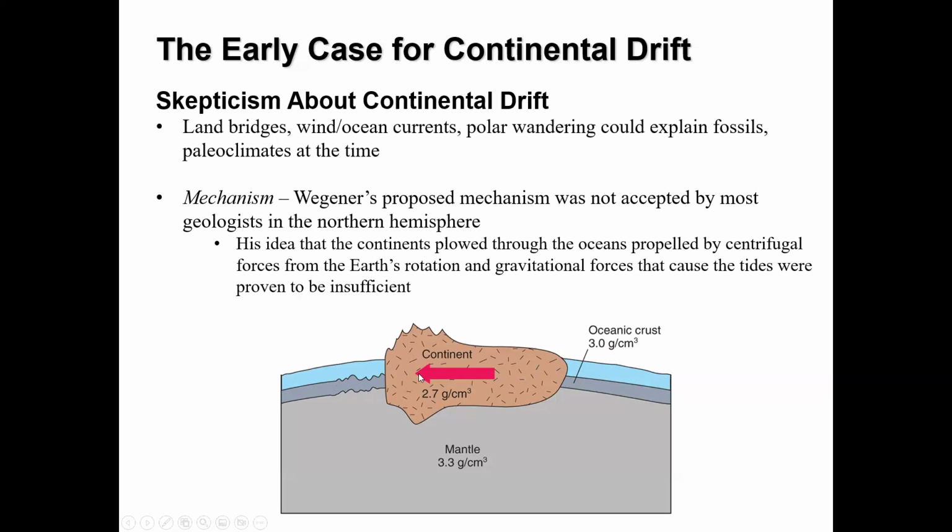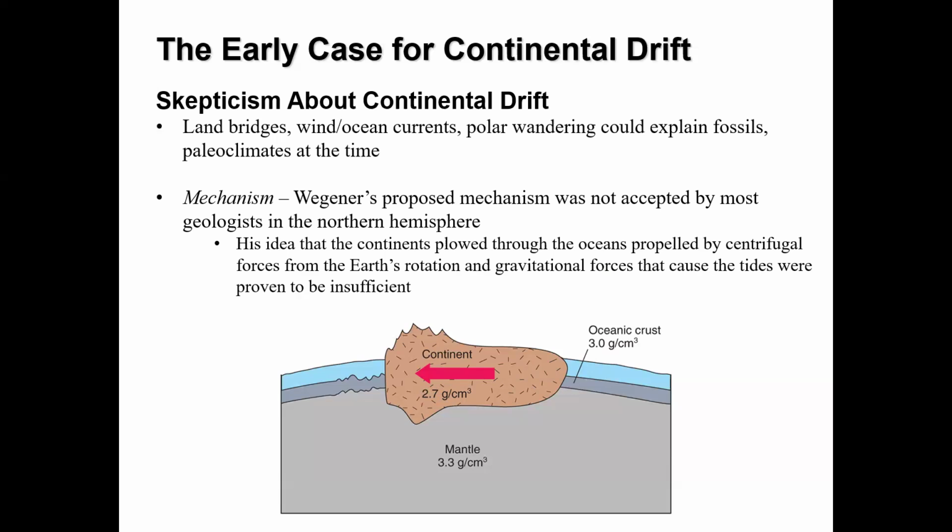And the continents were shifting around due to centrifugal forces from the Earth's rotation and gravitational forces that cause the tides, basically from the moon. But people realized that the forces from Earth's rotation and from the gravity of the moon are not enough to actually shift the continents through the oceanic crust. Those forces are not large enough. And so his mechanism to explain why the continents would be moving around was not valid.